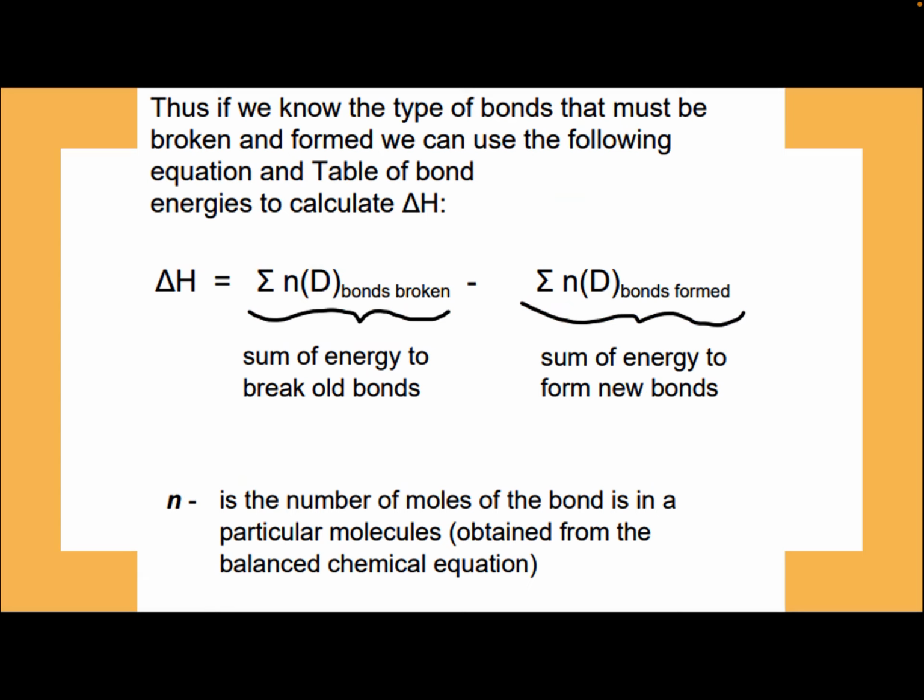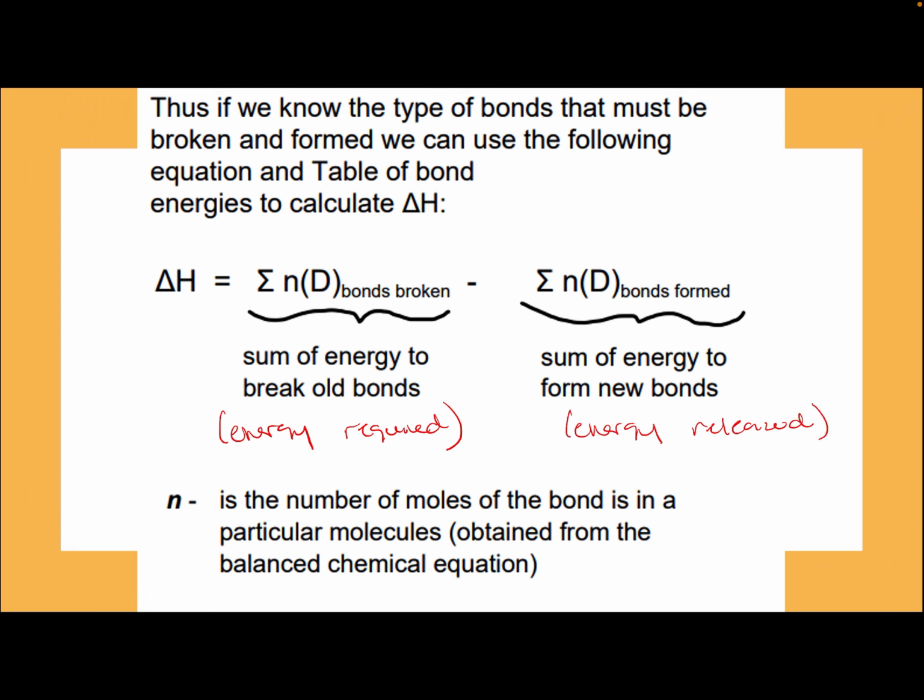So we have our change in enthalpy, and then we have the sum of energy to break the bonds, which is our energy required. And then that is subtracted by the sum of energy to form new bonds, which is our energy released.